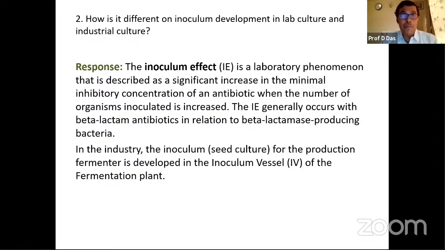We have a 200 cubic meter production fermenter, and another 225 cubic meter production fermenter. I told you just now that the volume of the inoculum is 5 to 10%. Now 5 to 10% of 200 cubic meter is how much? It is 10 to 20 cubic meter.